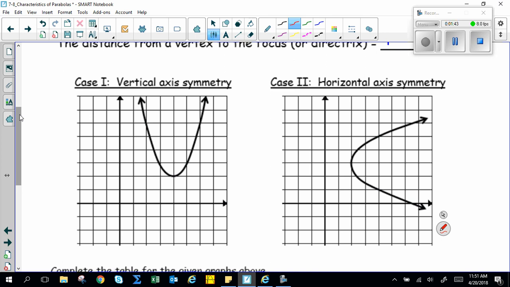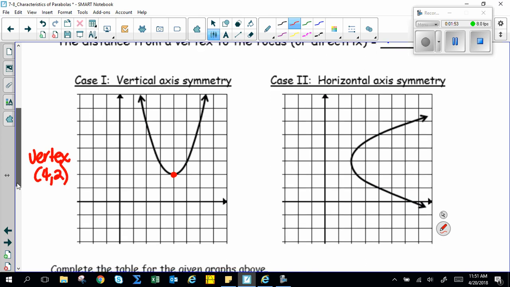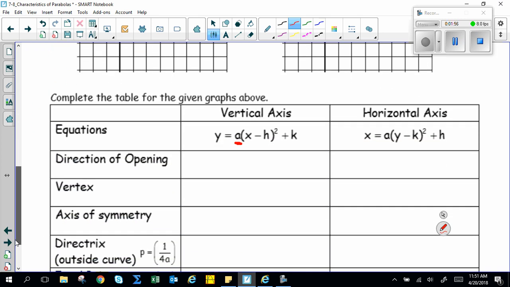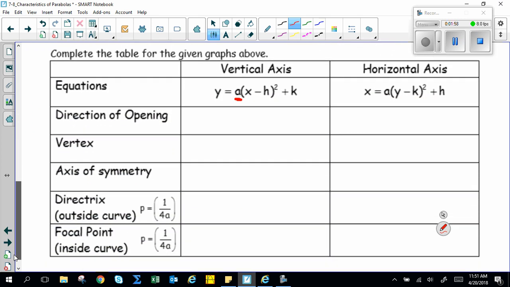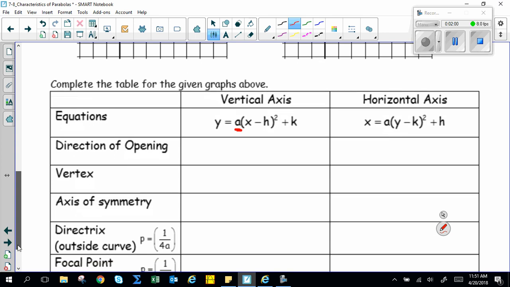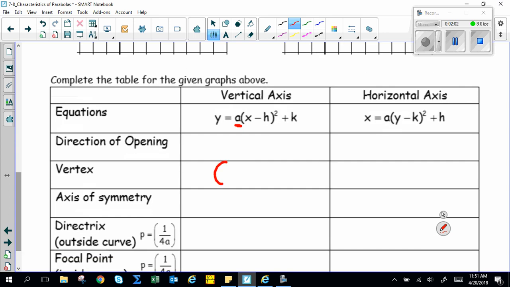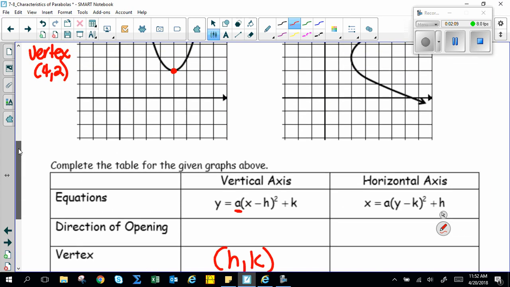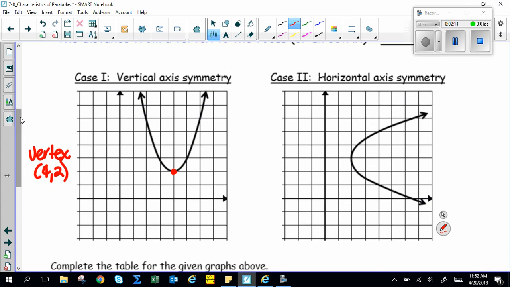So the vertex of this particular parabola is what coordinate? 4, 2. And in any parabola, the vertex is our h, k. But specifically in our first example, it's 4, 2. If I wanted my axis of symmetry, you guys could find the axis of symmetry, right?